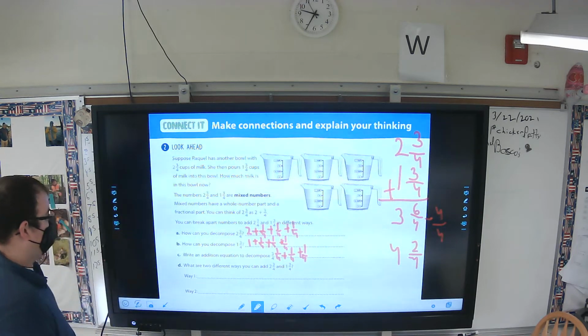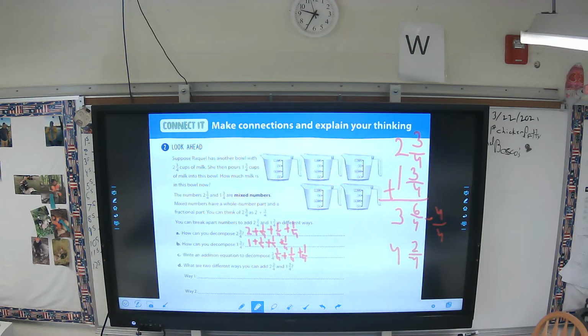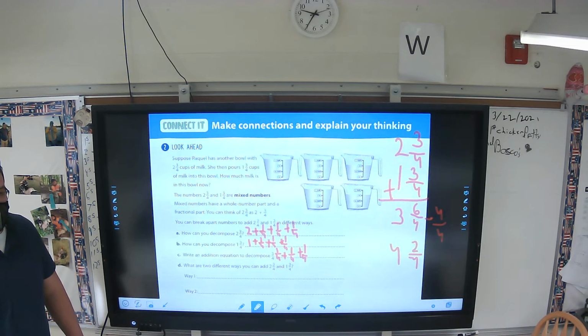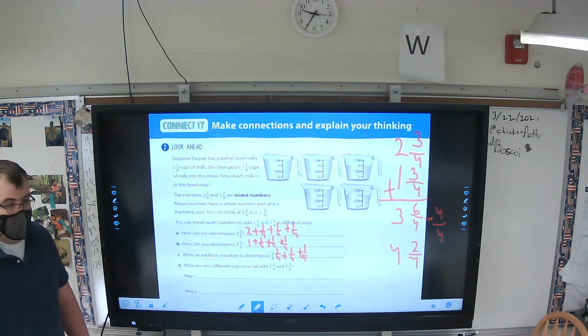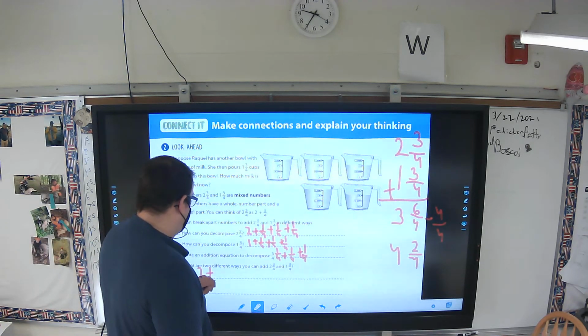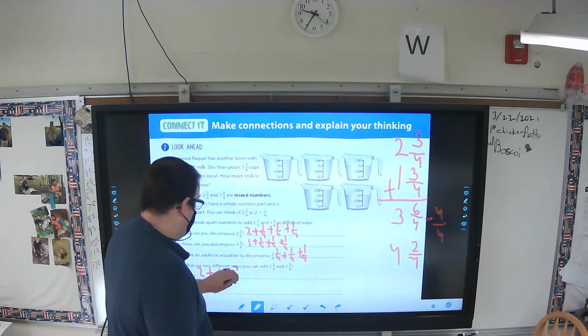What are 2 different ways you could add 2 3/4 then? You could do 2 plus 1 plus 3/4 plus 3/4.